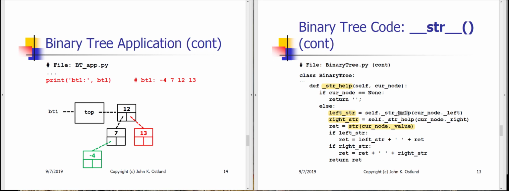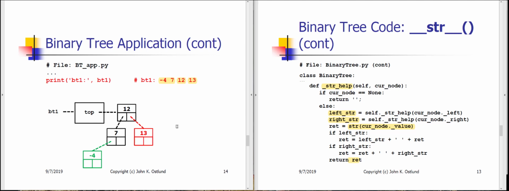Okay, and because stir help is being called recursively here, what I'm going to end up getting out as the eventual return value from the top level call of stir help is -4 space 7, that's the left-hand side, and then a space and the current value, which is 12, and then another space and the right-hand side, which is 13. All right, so my output is -4 space 7 space 12 space 13.